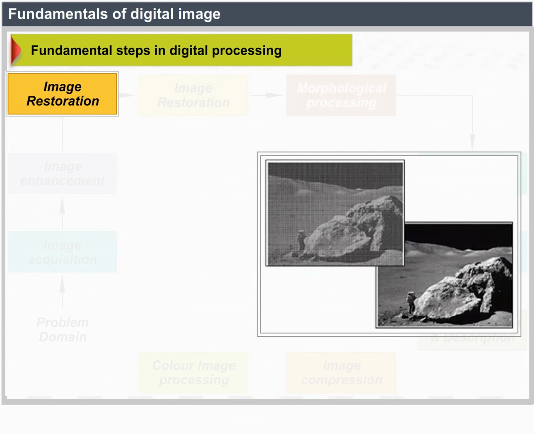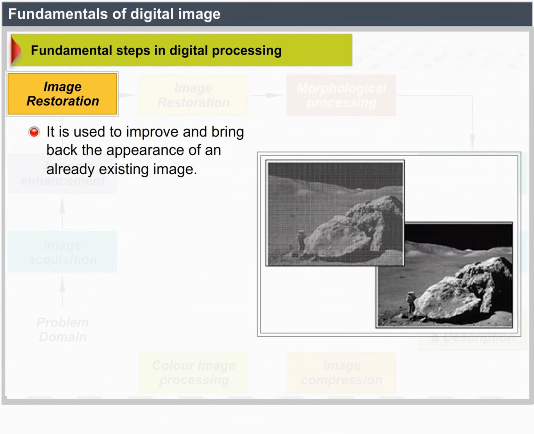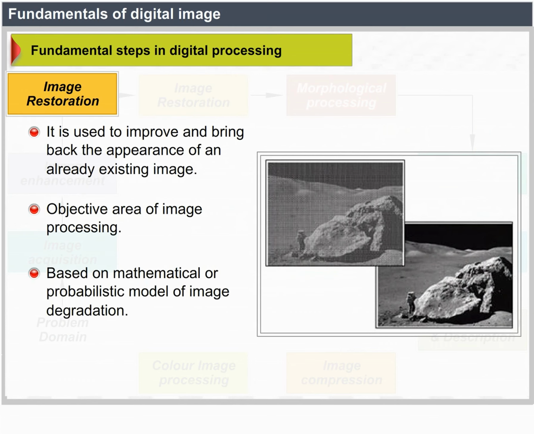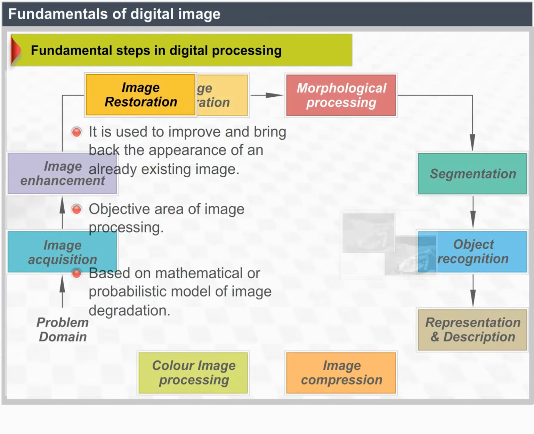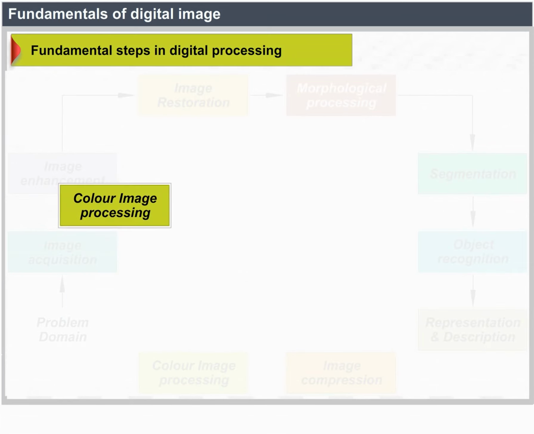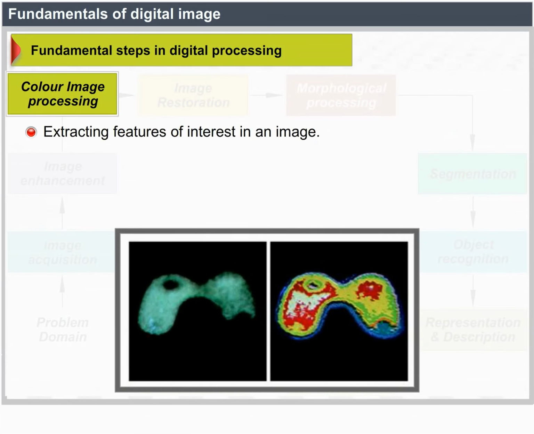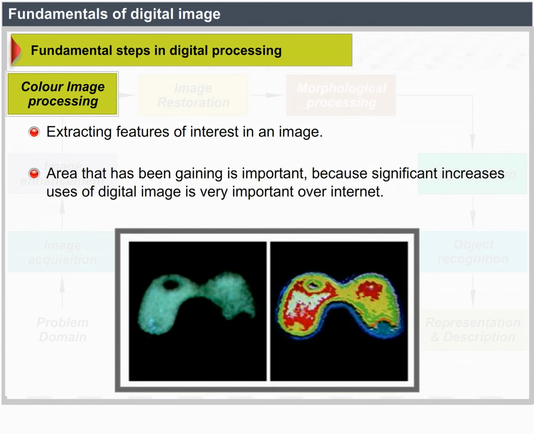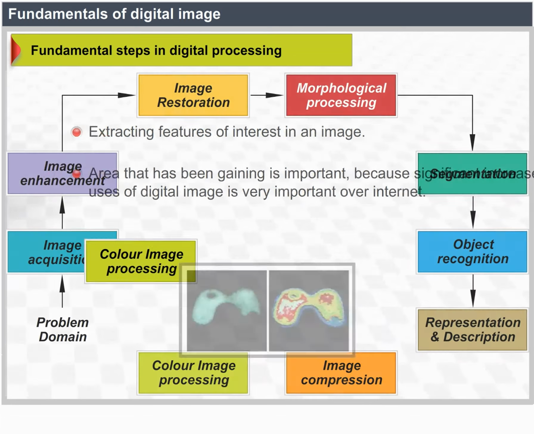Image restoration. It is used to improve appearance of an image. This is the objective area of image processing. This is based on mathematical or probabilistic model of image degradation. Color image processing. Extracting features of interest in an image. This is an area that has been gaining in importance because of significantly increased use of digital image over Internet.